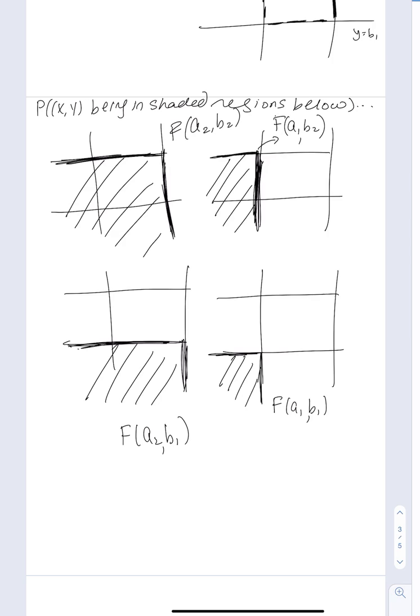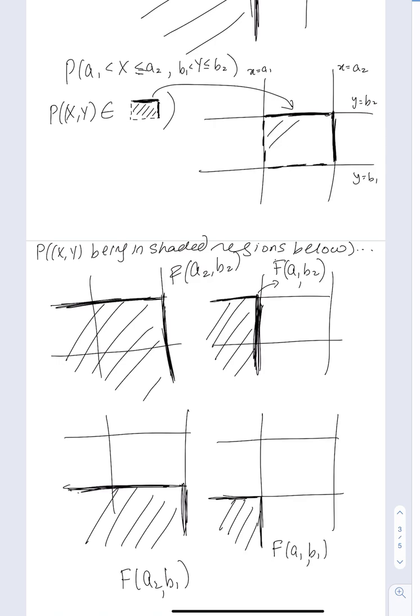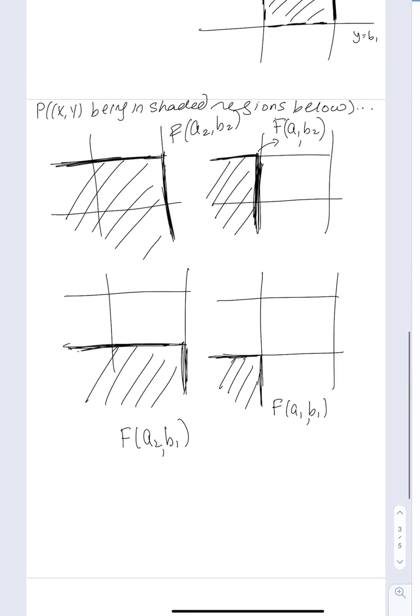And as you can see, if you want to find the probability of being in exactly just that region, you could take F of A2 B2, subtract F of A1 B2, subtract F of A2 B1, but then you would have double subtracted this last region, so you add that back in, okay?